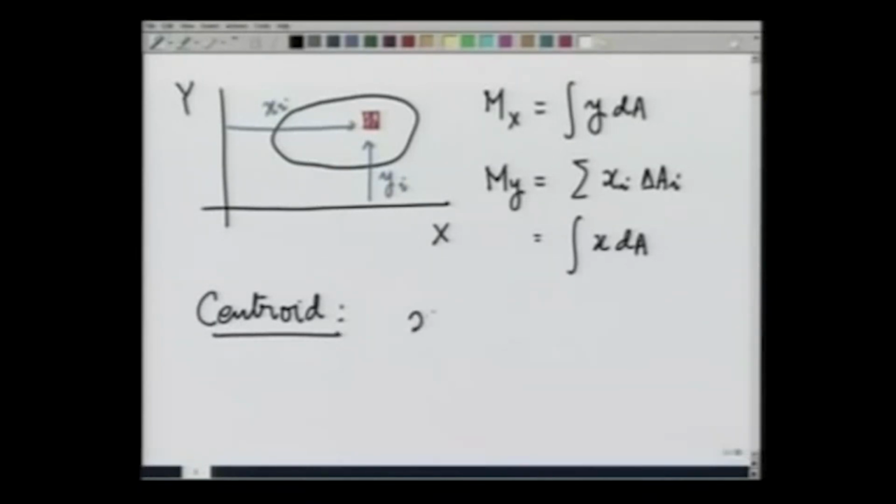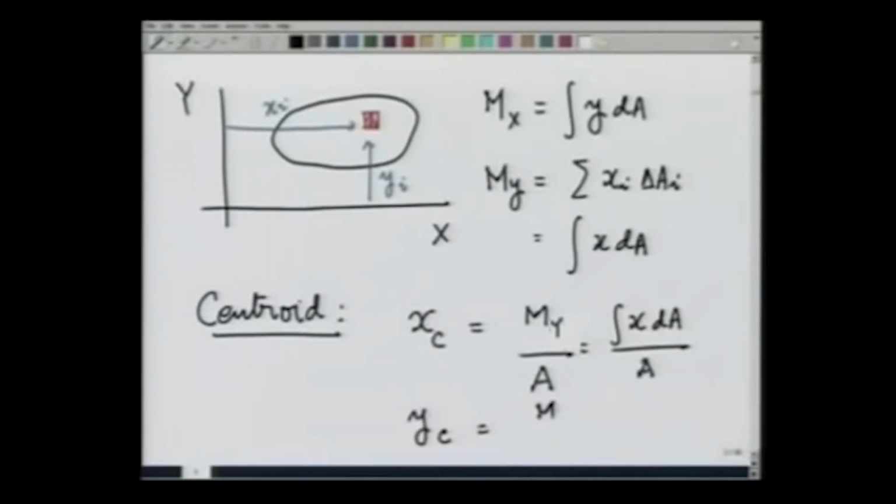The centroid x coordinate xc is defined as the first moment about the y axis divided by the total area, which is the integral of x dA divided by A, and similarly the y coordinate is defined as Mx divided by A, which is the integral of y dA divided by A.